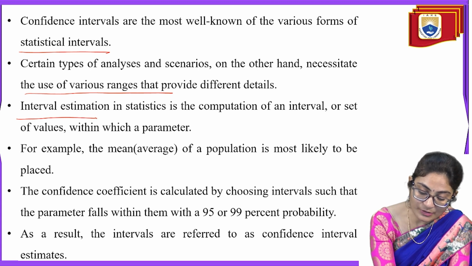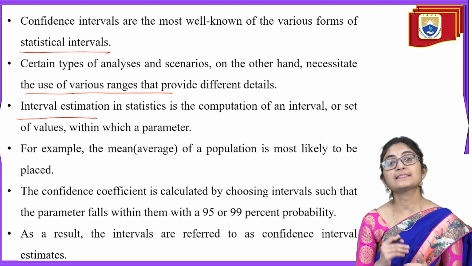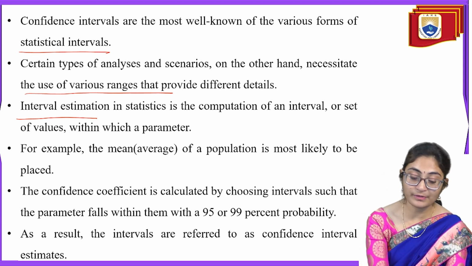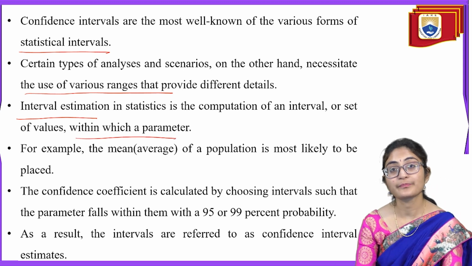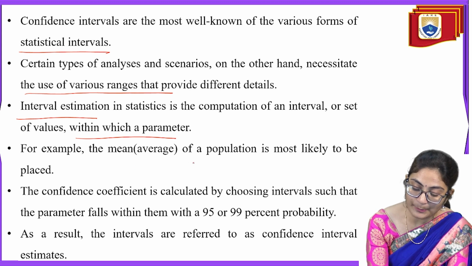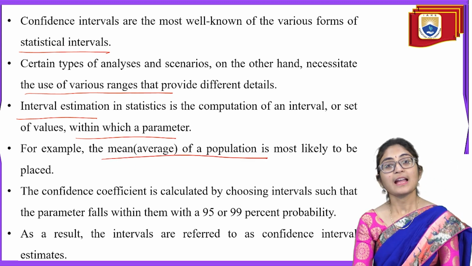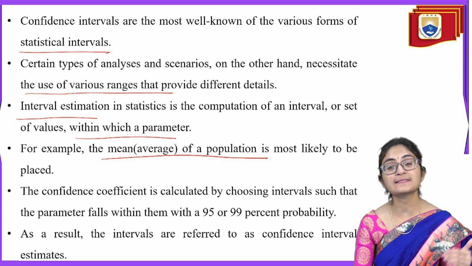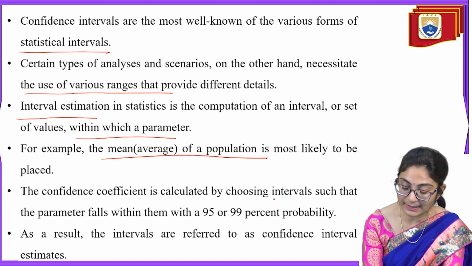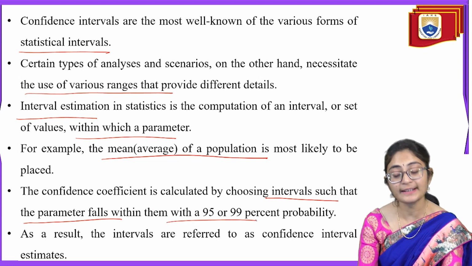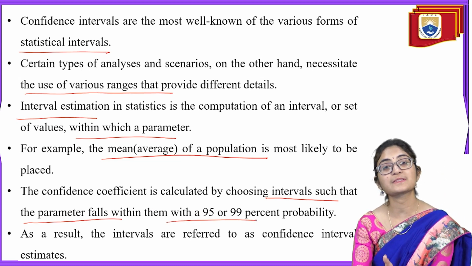Actually, interval estimation in statistics is the computation of an interval or set of values within which a parameter, for example the mean of a population, is most likely to be placed, and the confidence coefficient is calculated by choosing the intervals such that the parameters fall within them with 95 or 99% probability.